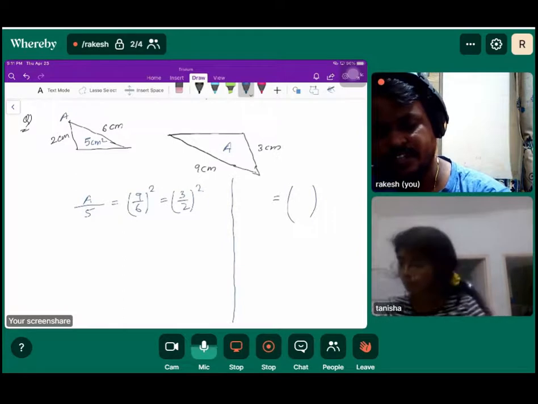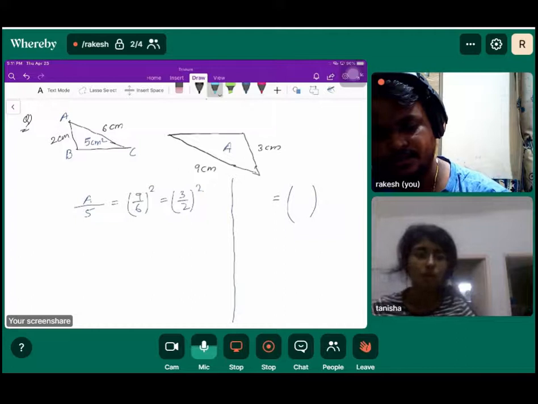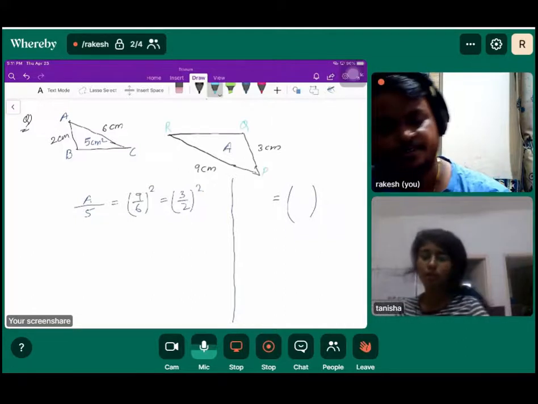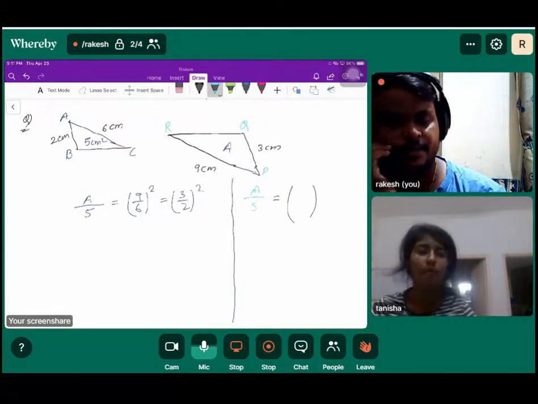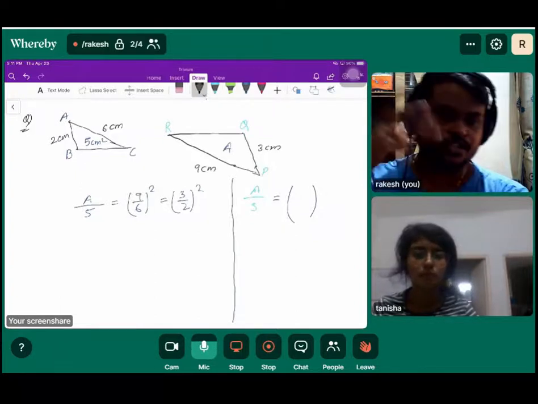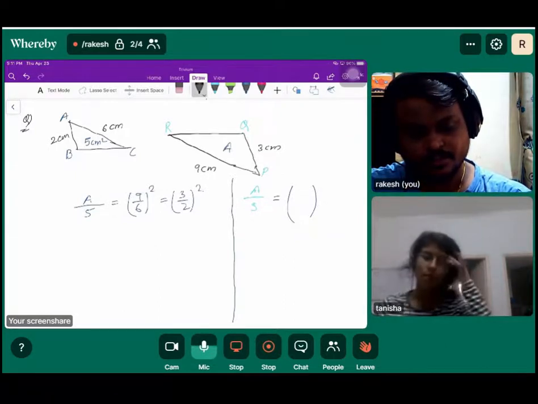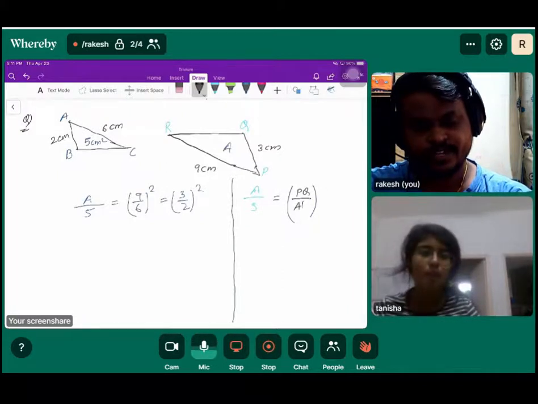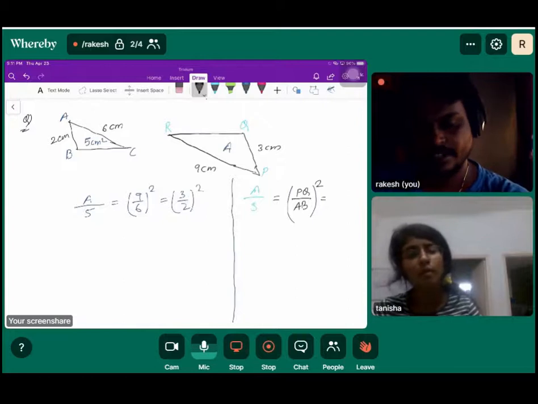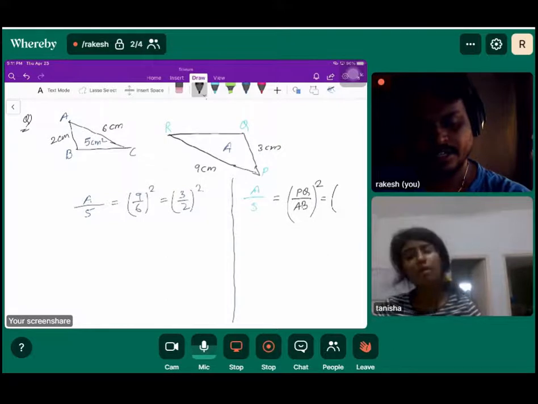So if I write this as ABC, and we do this as PQR, and I want to write the ratio of their areas, which is A by 5, what I told you is we write the ratio of the squares of their corresponding sides. So what are the corresponding sides of PQR and ABC? That is PQ upon AB square, which is the same as PR upon AC square.